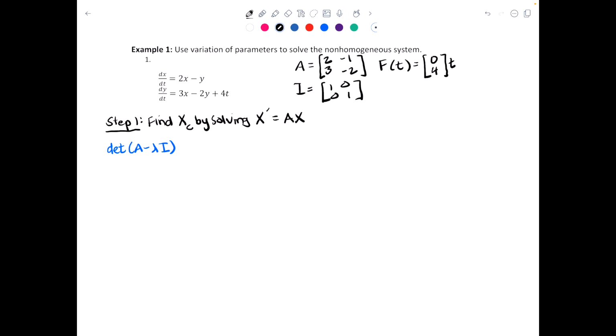And so this will end up being the determinant of, so 2 minus lambda times 1 is 2 minus lambda. We'll just have our negative 1 the same, and 3 will be the same, and then do you see that we'll have negative 2 minus lambda in our determinant?